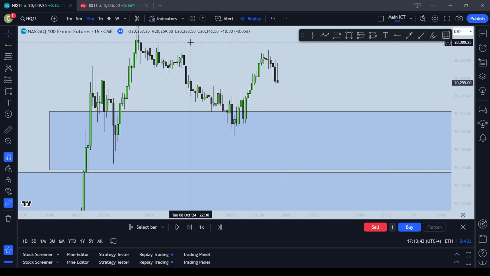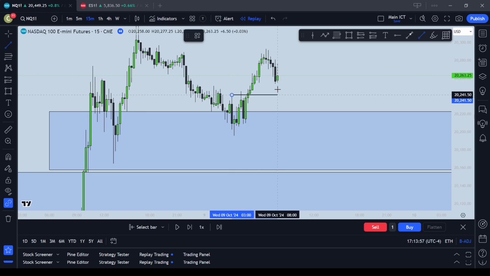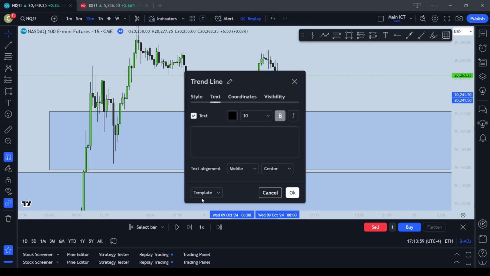So this is what I saw today, all right? I saw this big, large movement up. We came down here. We swept this sell side liquidity here. We then came up. Here's your market structure shift off of this level here. And then after we had our market structure shift, I was just looking for any fair value gap for us to retrace back into.